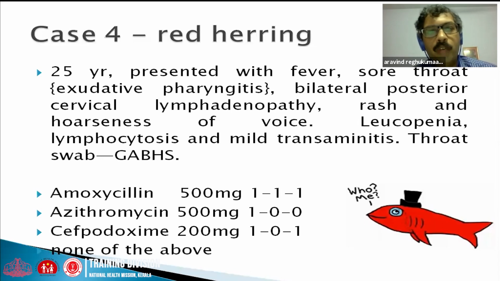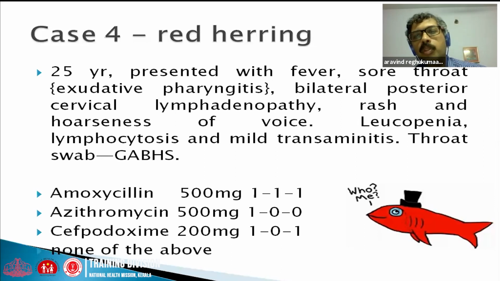But the throat swab was taken, and it is growing group A streptococcus, that is, GAS infection. So all other features favor a viral etiology, but the throat swab is growing streptococcus. Should you treat with amoxicillin, azithromycin, or cefuroxime, or can it be a colonizer? One thing we should know is that in around 30% of cases, streptococcus may be normally present in your throat. So it does not require treatment.